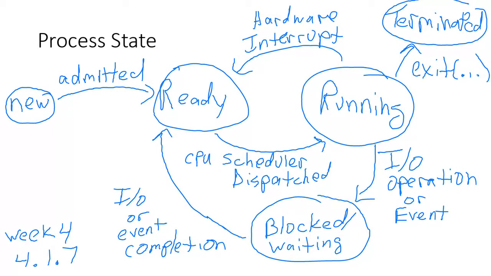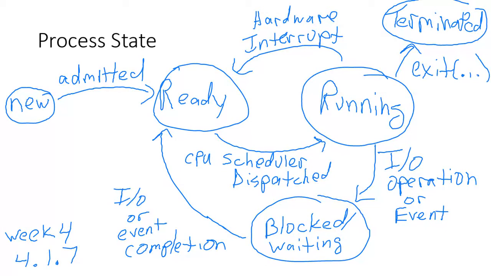If it was in the blocked or waiting state, I should double check, but look at that figure or section in the week 4 reading in the textbook, 4.1.7. I think I saw that it was blocked, not running.